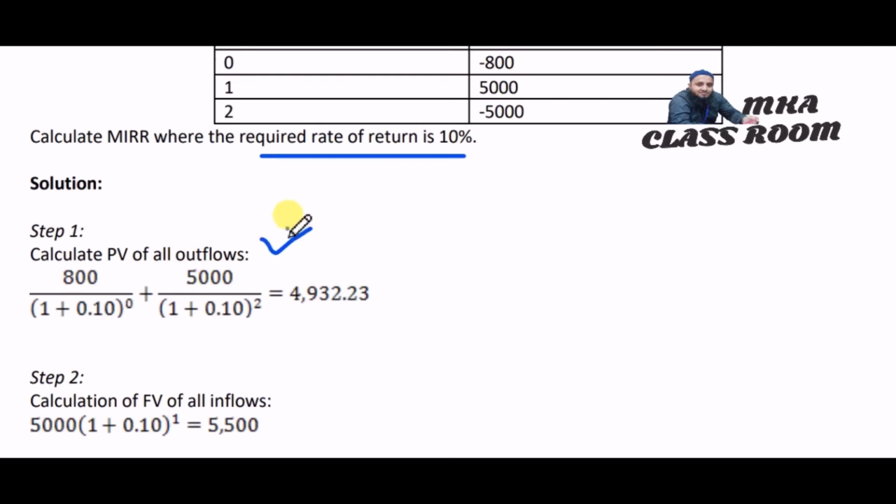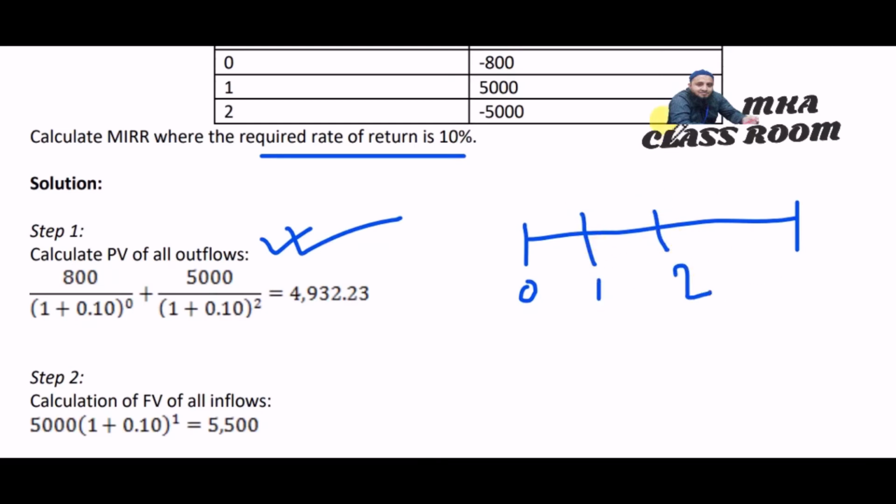all cash outflows. So that is the cash outflow 800, and that is year 0. Then you can write down the timeline 0, 1, 2.